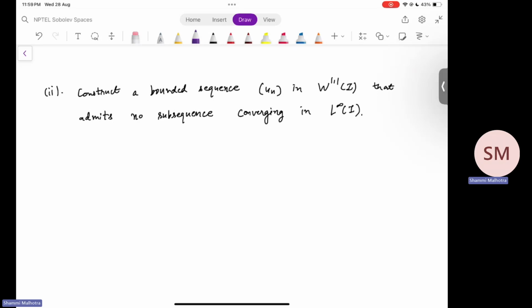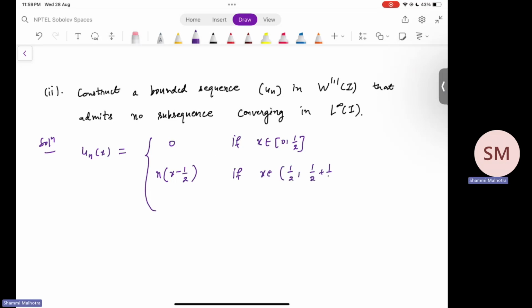For that, we consider these functions u_n(x) to be 0 whenever x is in (0, 1/2), n times (x minus 1/2) whenever x lies between 1/2 and 1/2 plus 1/n, and finally 1 when x lies between 1/2 plus 1/n and 1.